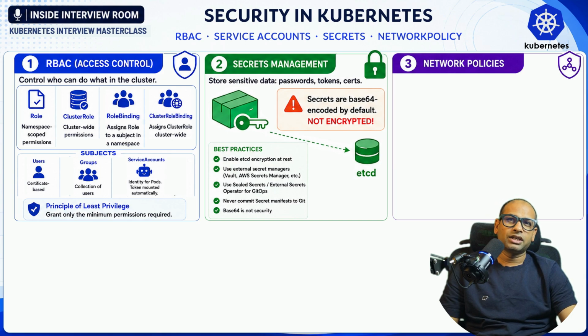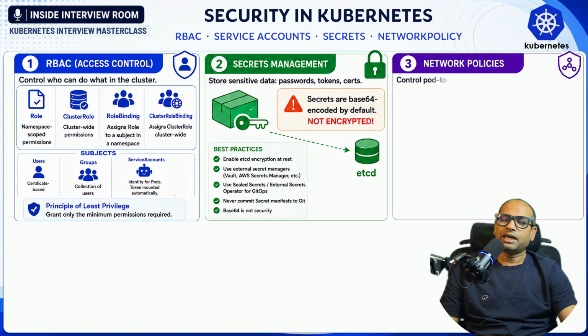Use external secret vaults and secret managers like Vault, AWS Secrets Manager, etc. Use Sealed Secrets or the External Secrets Operator for GitOps. Never commit secret manifests to Git. I have made a separate video, a Git masterclass, you can watch it for that. Base64 is not security, it's just encoding.